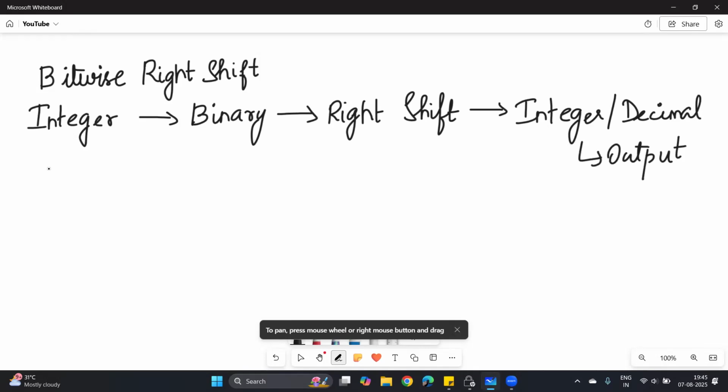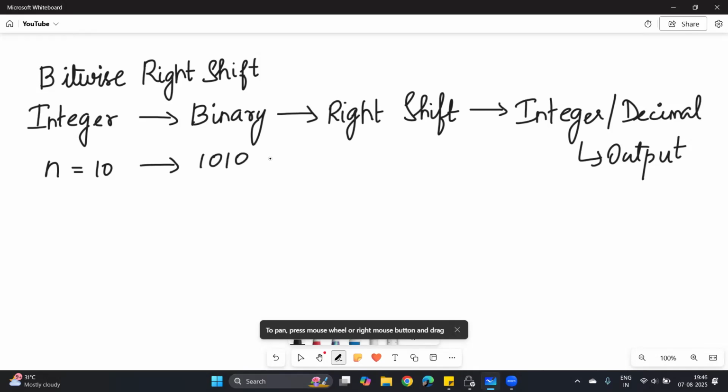So first let me take an example of the number n is equal to 10, and the first step is to convert it into binary. I have already taught you about converting it to binary in the previous video, just check it out. On converting this to binary, we will be getting the value as 1010.